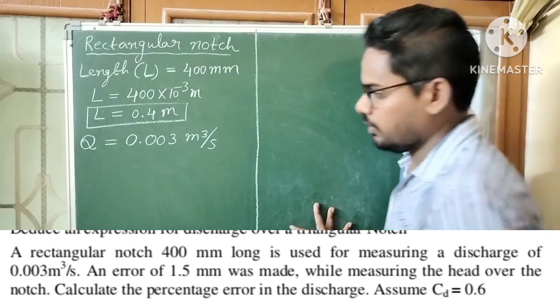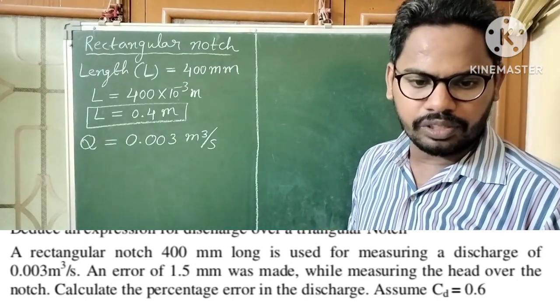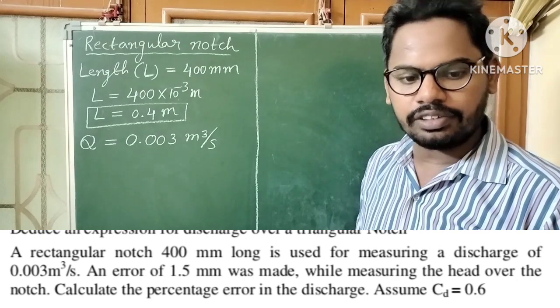Next, given error. An error of 1.5 mm was made while measuring the head over the notch.